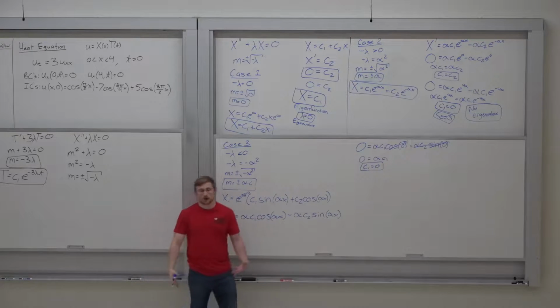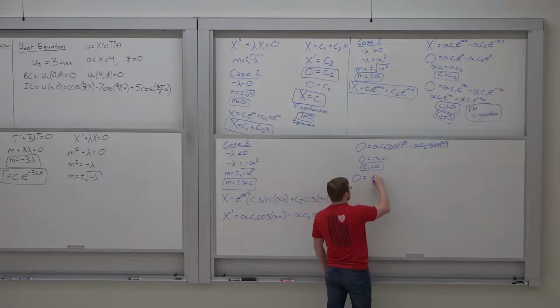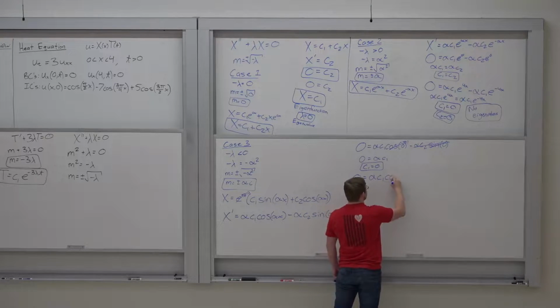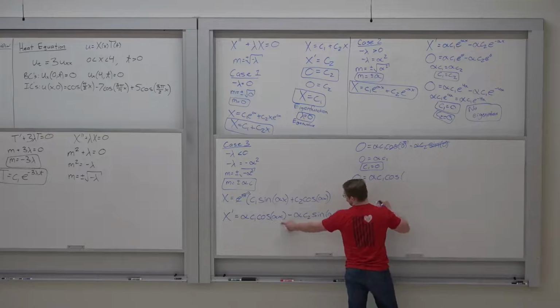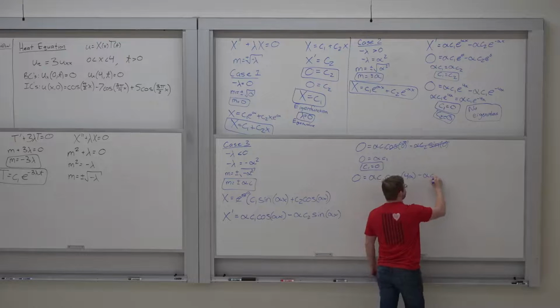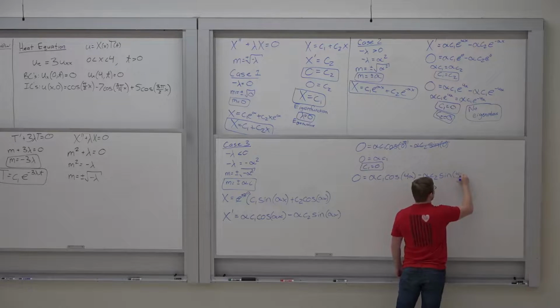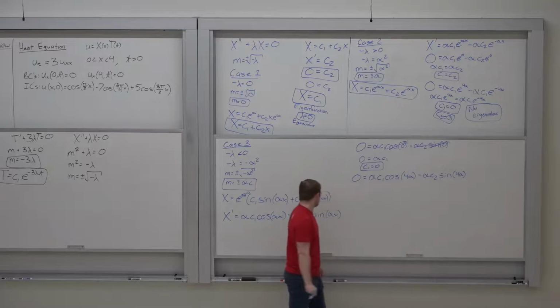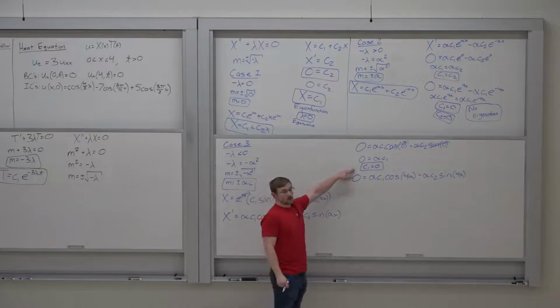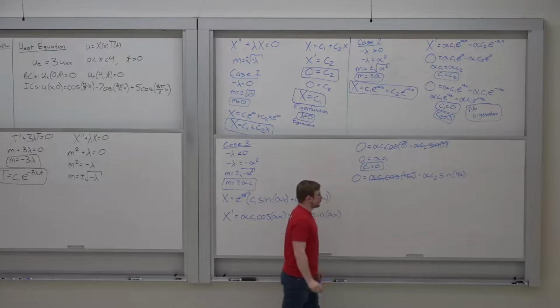So now we plug in our second condition. And I have 0 is equal to alpha C1 cosine of 4 alpha minus alpha C2 sine of 4 alpha. And I know that from my first boundary condition, C1 is equal to 0, so that whole first term goes away.